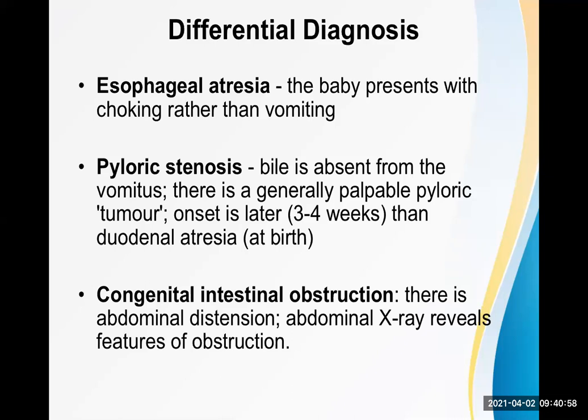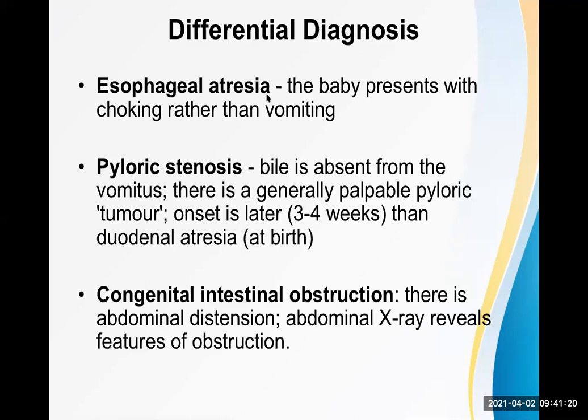There is no connection with the distal loop. There is a gap. So that loop gets filled up with the milk, and the baby will regurgitate it. That regurgitation of the milk almost looks like vomiting. That's why esophageal atresia is considered a differential diagnosis.